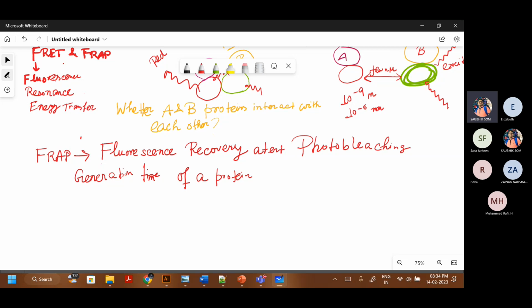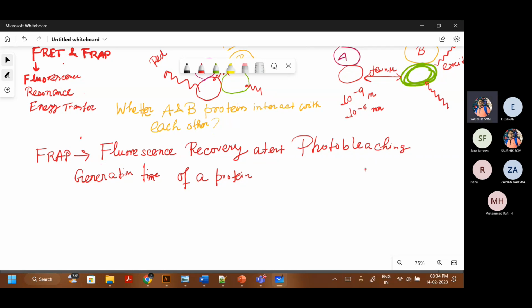So how will you do that? We want to know that if my A protein expresses, I'm seeing a protein here, but how long does it take this protein to express or get in a huge quantity? That could be months, sorry, that could be minutes, that could be a few seconds, or that could be hours. This is a very controlled step, the translation rate of a protein. So how do you do that?